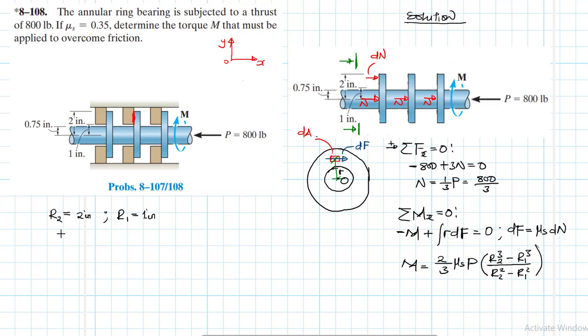And the mu_s is already given in our problem. It is 0.35. And then P is also given. It is 800 pounds. If we had different values of P at every ring, then we could have considered that, because at the end of the day, what we need is the moment that is going to overcome the friction being created by the friction force. That friction force is causing a moment, so we want to counter that moment.